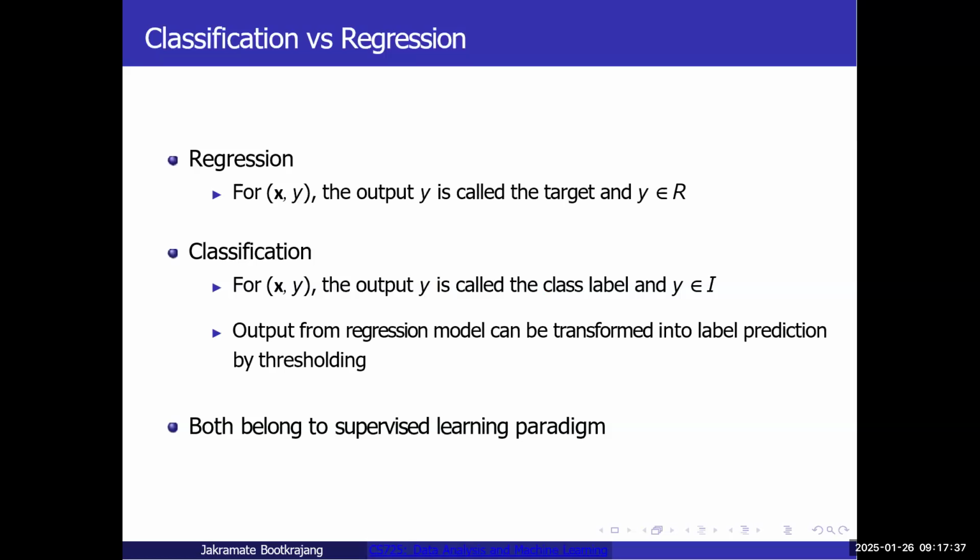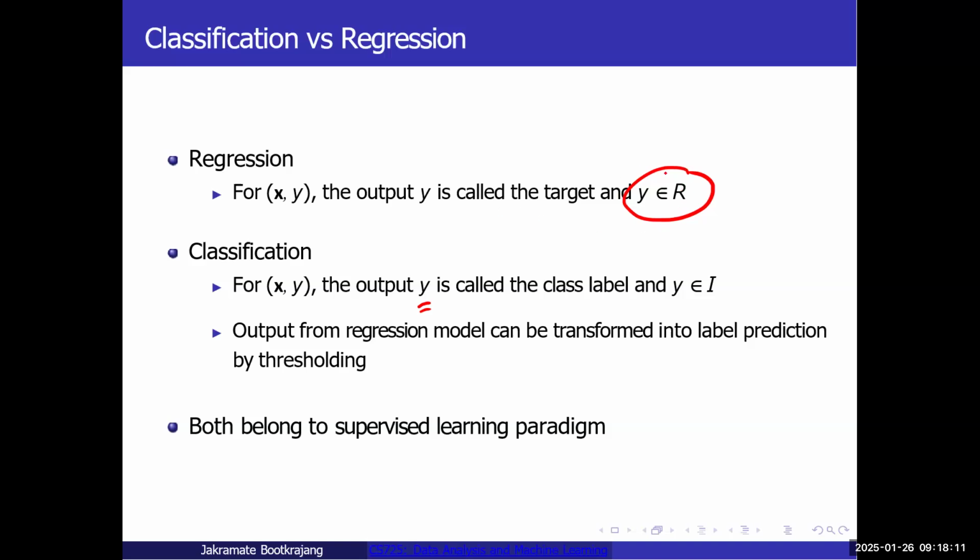Now for regression, we have Y that can be a target. But for classification, we have Y as a class label. In regression, Y is a real value. Basically, you want to have a model that can explain the data, so Y would be a real value.